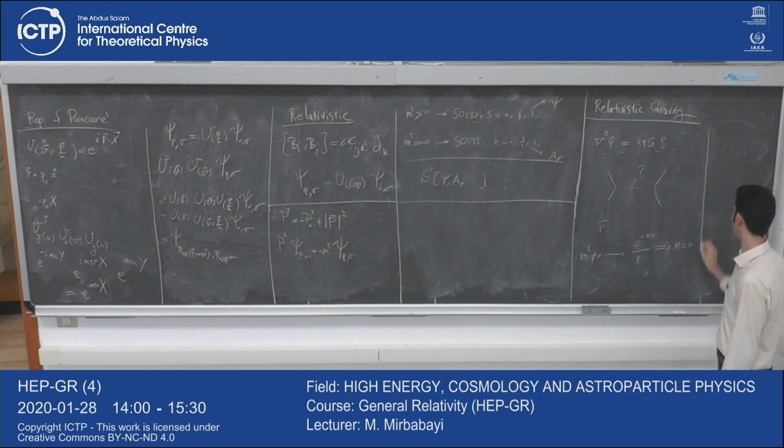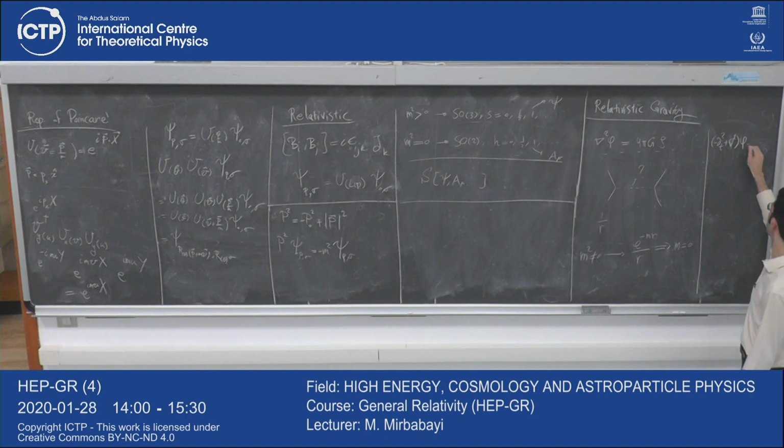So we are led to consider the following theory, the theory of the spin 0 particle. I again call it phi, which is coupled to some source 4 pi gT, where T has the property that in the non-relativistic limit becomes minus rho.